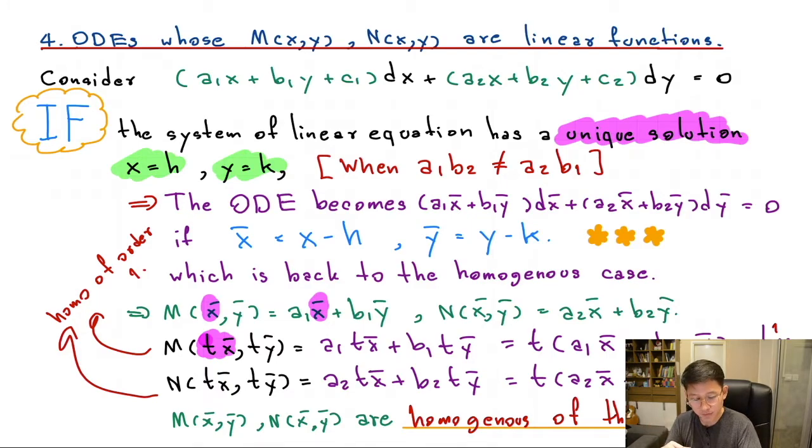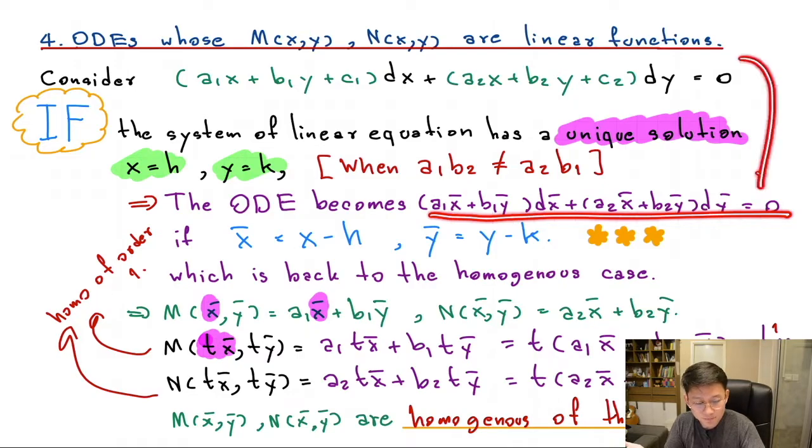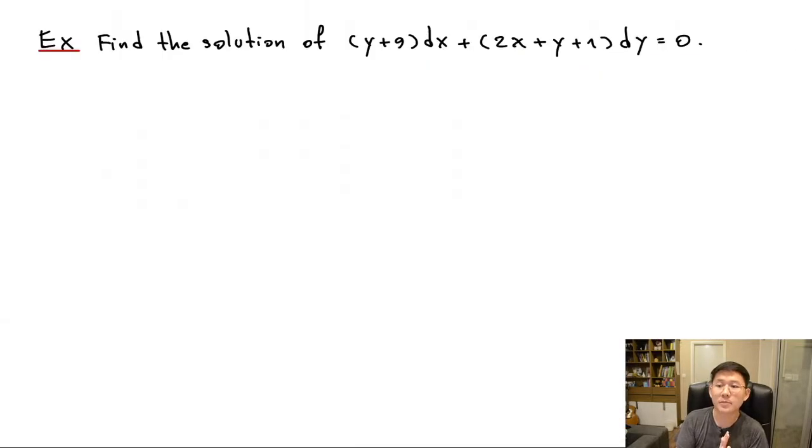If we let x bar be x minus h and y bar be y minus k, we're going to get this equation. This equation is the same as the original equation, and it is homogeneous. It has homogeneous coefficients of the same order, so we solve this equation instead. Make sense? So let's look at some examples.